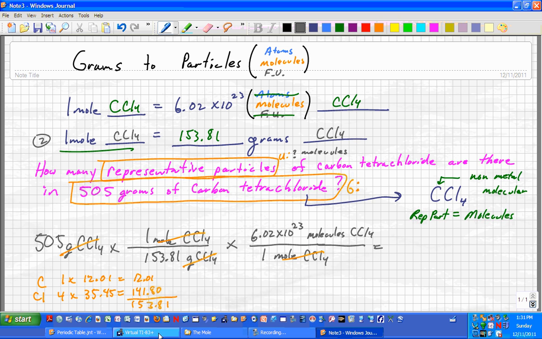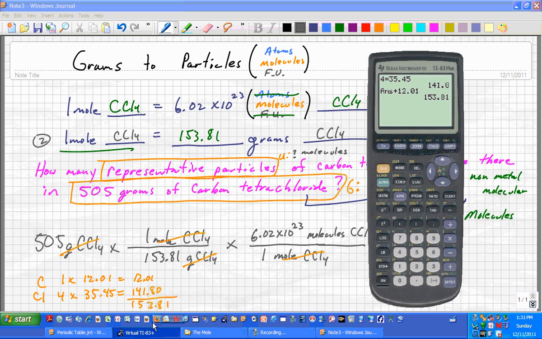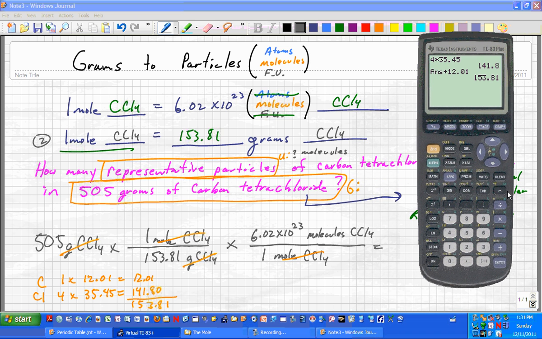So I can go ahead and grab my calculator and calculate my answer. I'm going to multiply by everything on top. So it's going to be 505 times 6.02. I'm going to use that EE button right there above the comma so that I don't have to worry about parentheses or the caret, times 10 raised to some power.